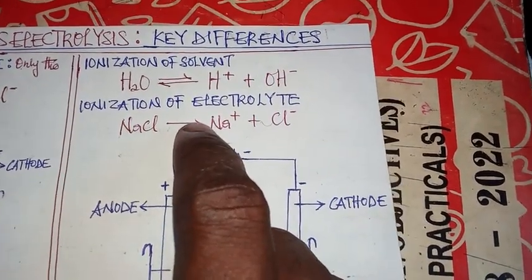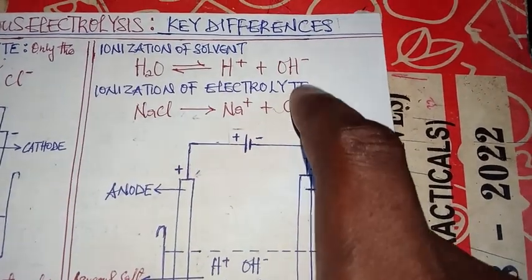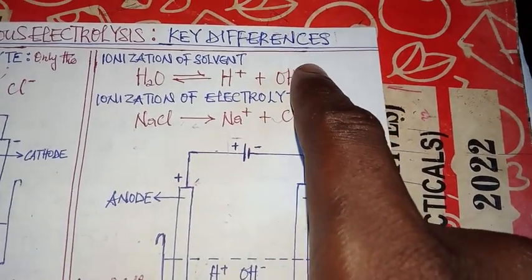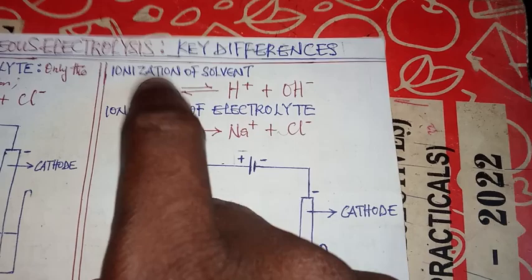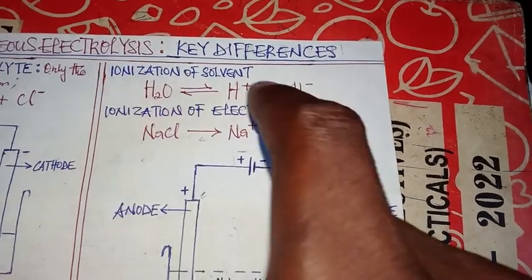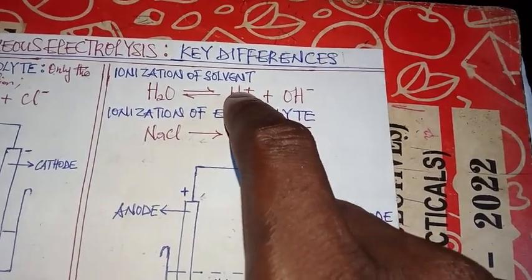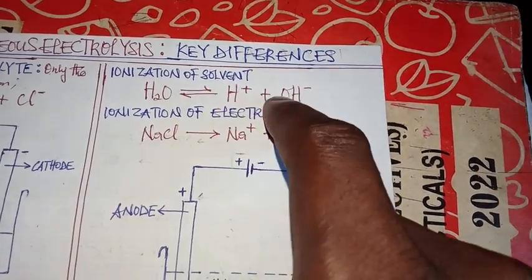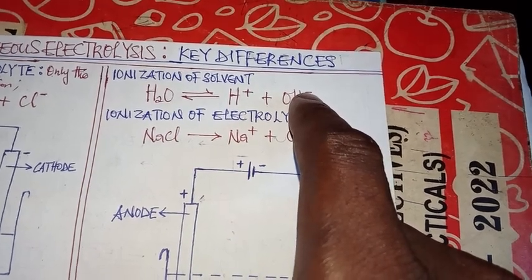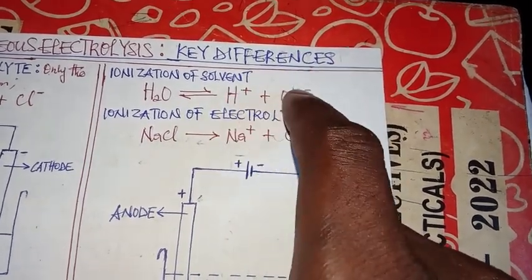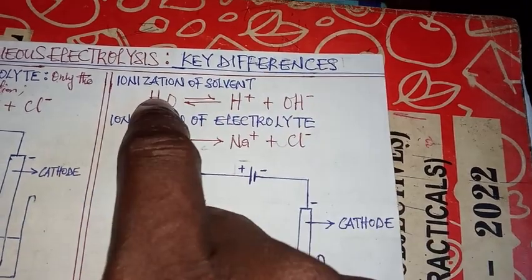And we're going to also have two anions, which are chloride ion and hydroxide ion.